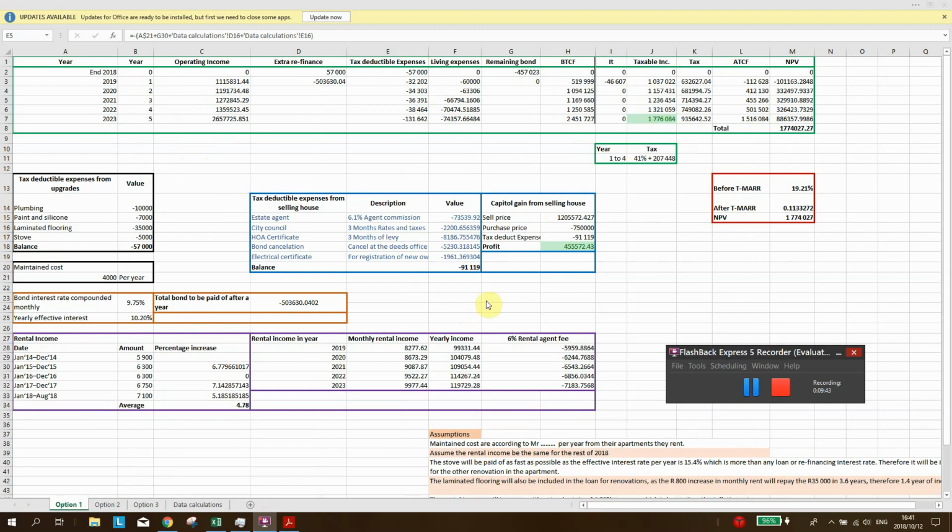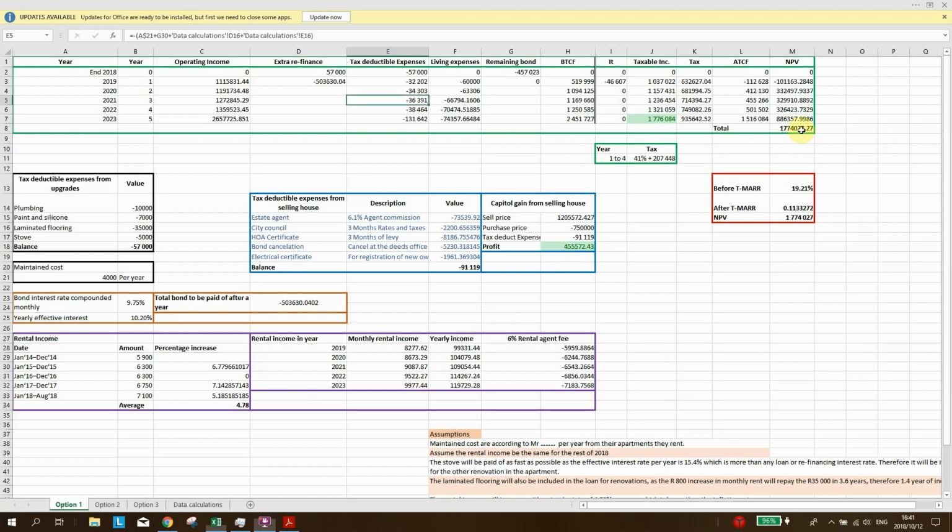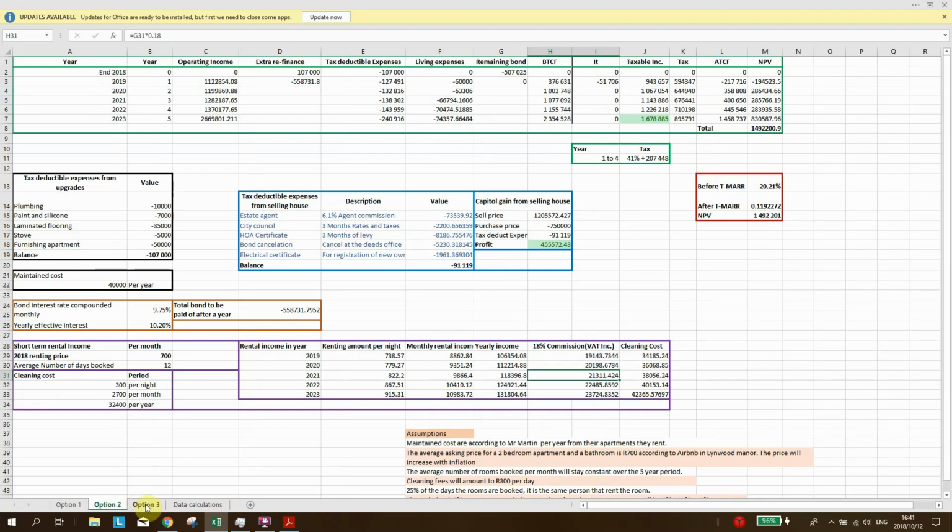So at the end, this would be a bit better. And if you decide not to sell it and keep the house, you would definitely be better off, as then you still have an asset. You can see the NPV is larger for option 1, then second it's option 2, and then option 3. Thank you.